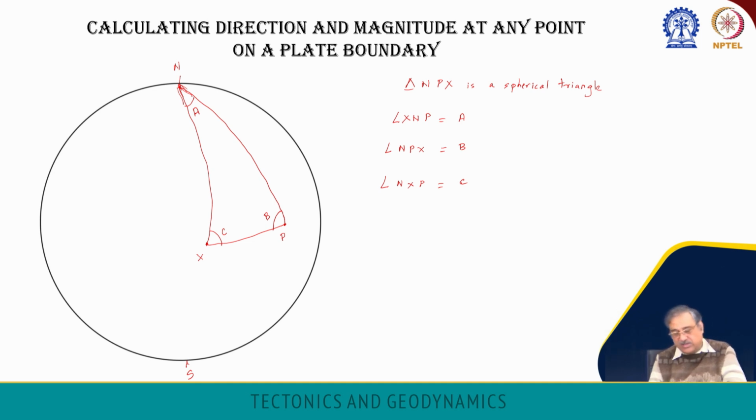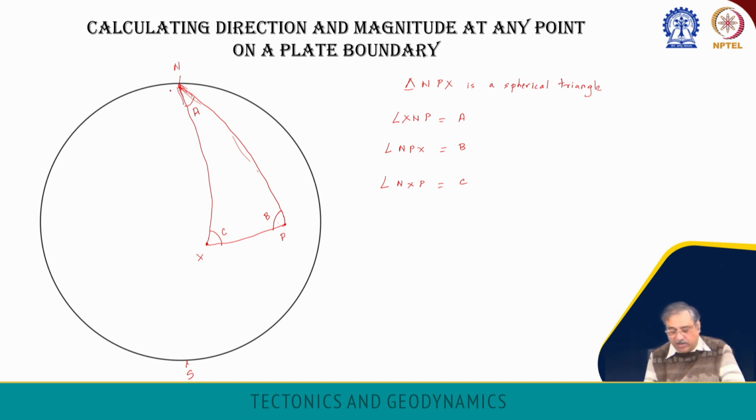So these are all spherical angles. Apart from this, there is one other thing that is important for us to use in this particular calculation. That is the angular distance along NP, XP and NX.